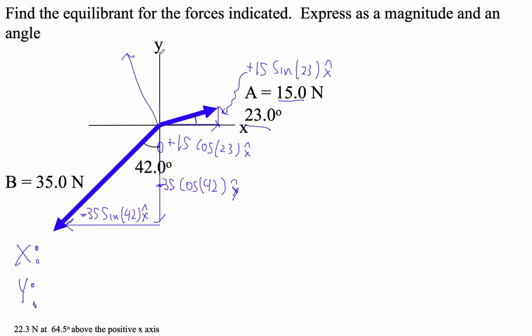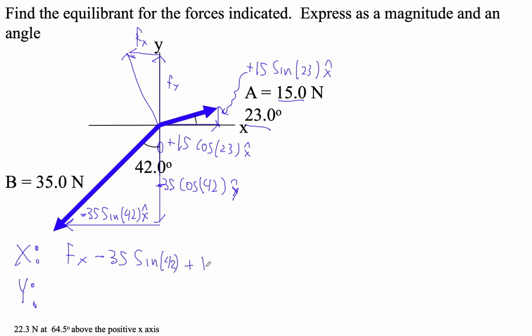It's going to have an Fx, and it's going to have an Fy, the unknown. So again, you just go, okay, some unknown component minus 35 sine 42. Whoops. Okay.